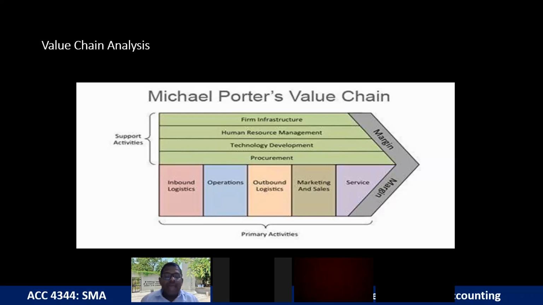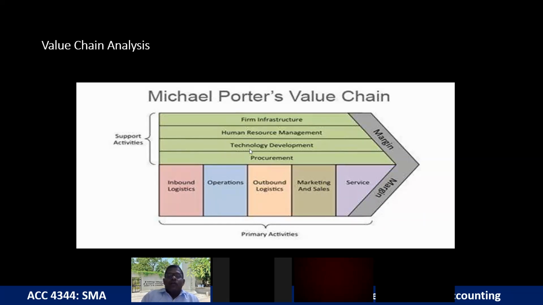Then human resource management: you need to continually develop your human resources, and without developing them I don't think you can achieve the target value. Then technology development and also procurement. You can't have inbound logistics without procurement.